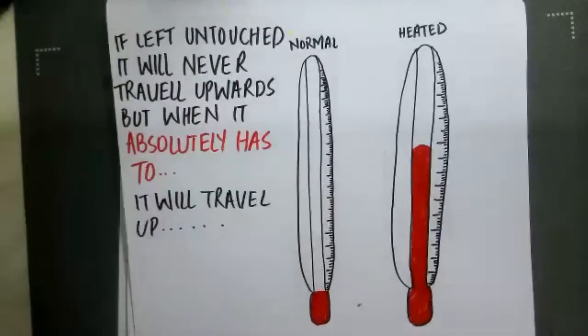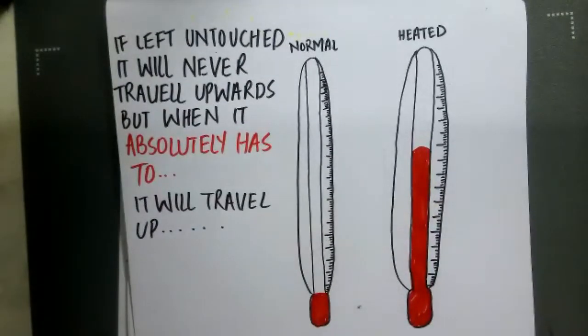So instead of shrinking, it would be clinging onto the wall, and then we wouldn't know if the temperature has gone down or not. We would still see the mercury clung onto the tube, and we would think that the temperature is higher than what it actually is. Did you guys understand? Yeah.